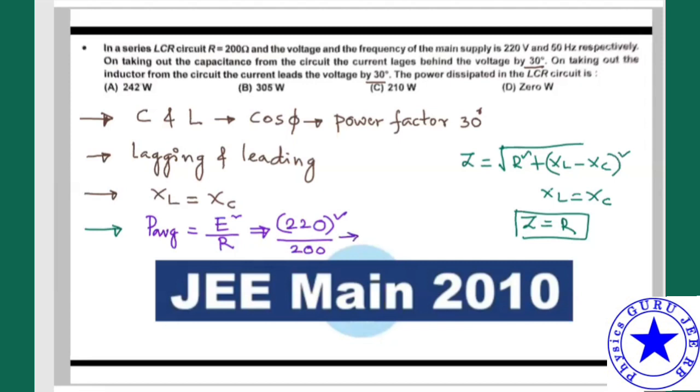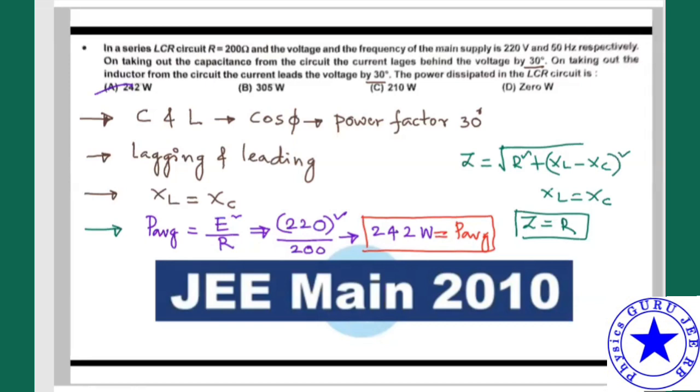On further simplification, I get approximately 242. So 242 means the option will be A. So average power equals 242. Hope it is clear up to this point.